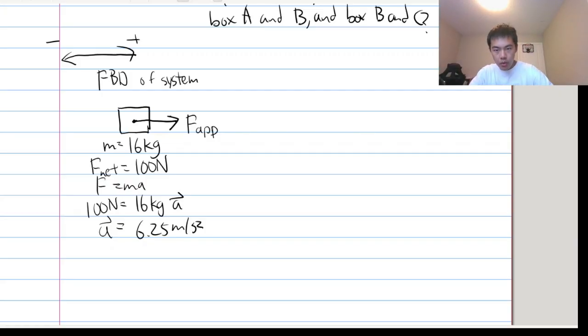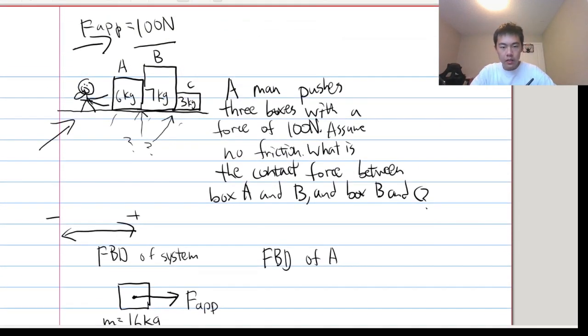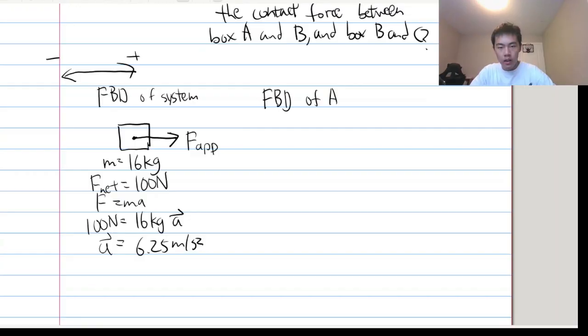We continue by drawing a free body diagram of box A. If we look at box A by itself, what is really going on with box A? Box A is being pushed by the applied force.